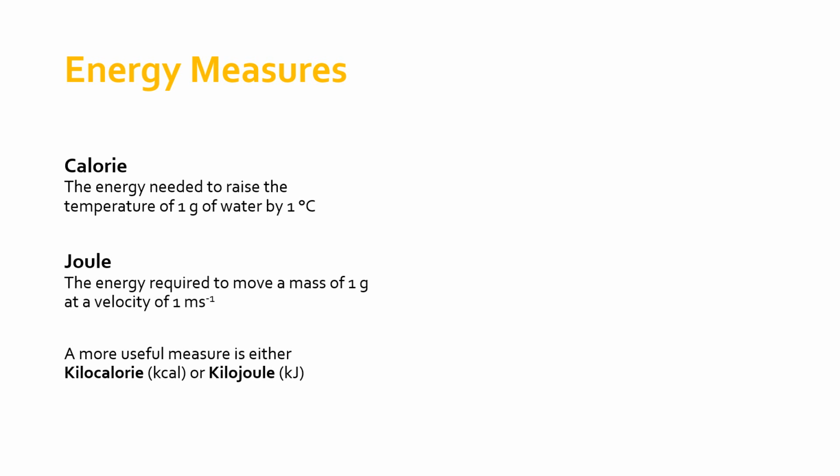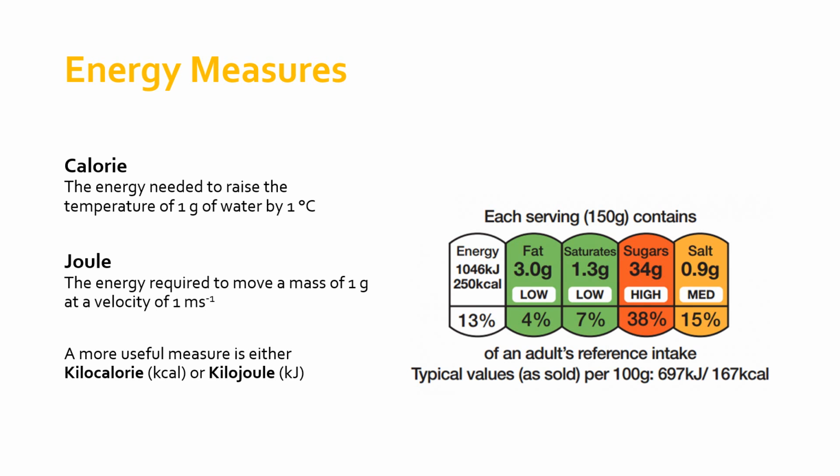But you'll still see on packaging kcal or kJ. So for example, here is what you might find on a package of food. In the UK, we have this traffic light system, and I know various other countries have one as well, that helps you understand what's in the food that you're eating. You'll notice that on the left-hand side, in the energy box, in the white box on the left, it tells us for whatever food this is, and I'm not entirely sure what food this is, that in this packet there is 13% of an adult's reference intake.